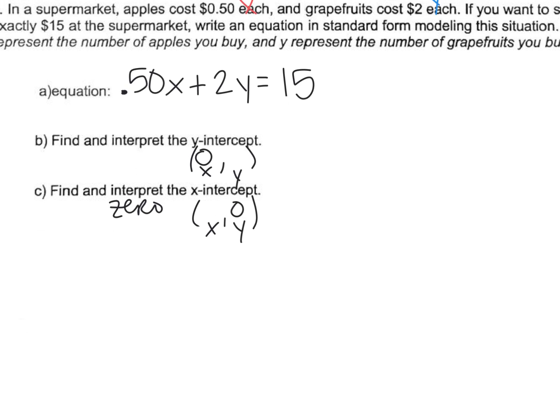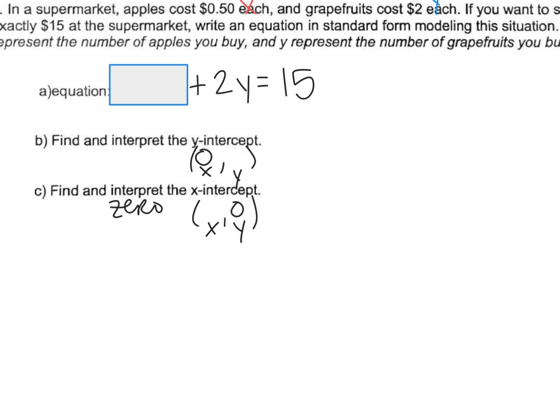If we're going to cover up on the y-intercept, look, on the y-intercept, x is 0, right? So, let's cover up the x. What do we end up with when we cover up the x? Oh, it didn't work. It didn't cover it up. Let me try that again. What do we get if we cover up the x? 2y equals 15.